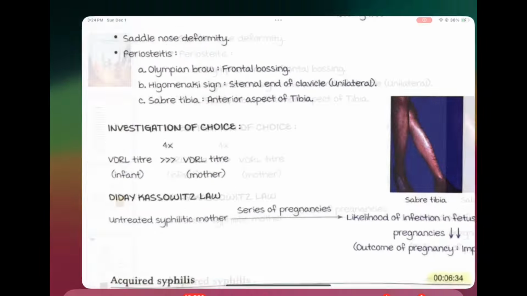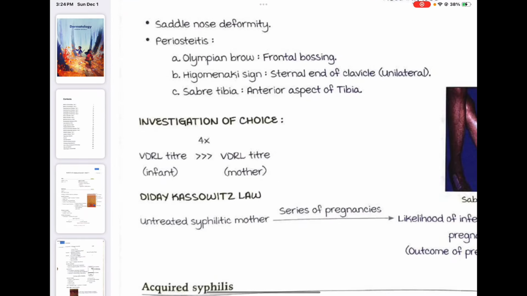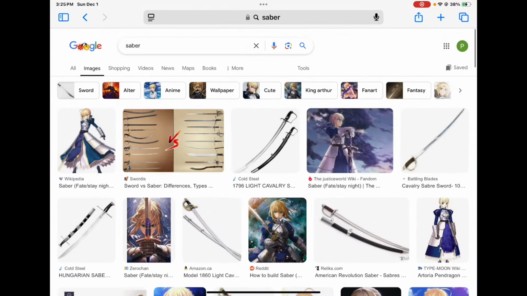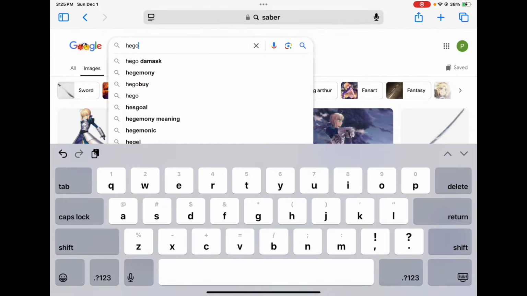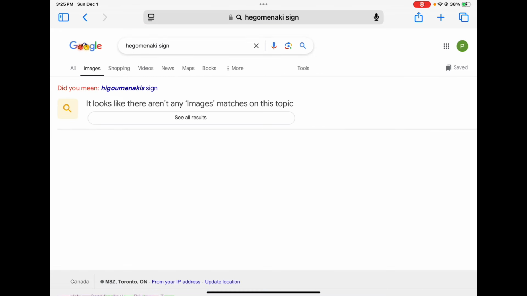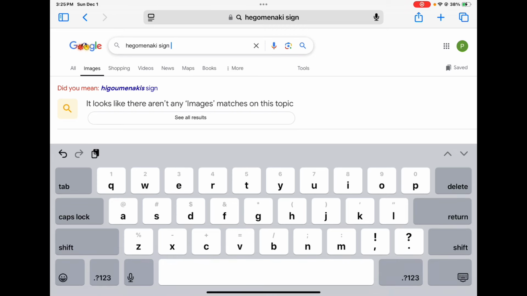Then other features are Olympian brow, frontal bossing, and Higoumenakis sign. So let's see what that is about. Higoumenakis sign, syphilis.